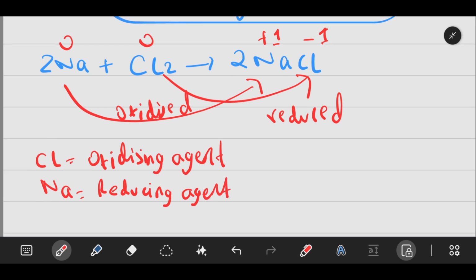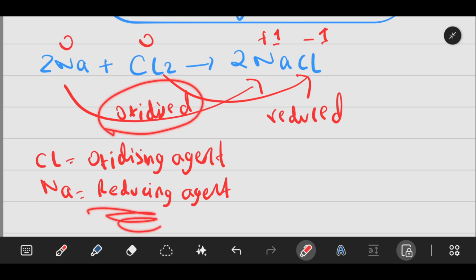Now, there is a simple assumption: the substance which is getting oxidized itself, for example, sodium is being oxidized, is the reducing agent, and the substance which is getting reduced itself is the oxidizing agent. So it's basically the opposite.